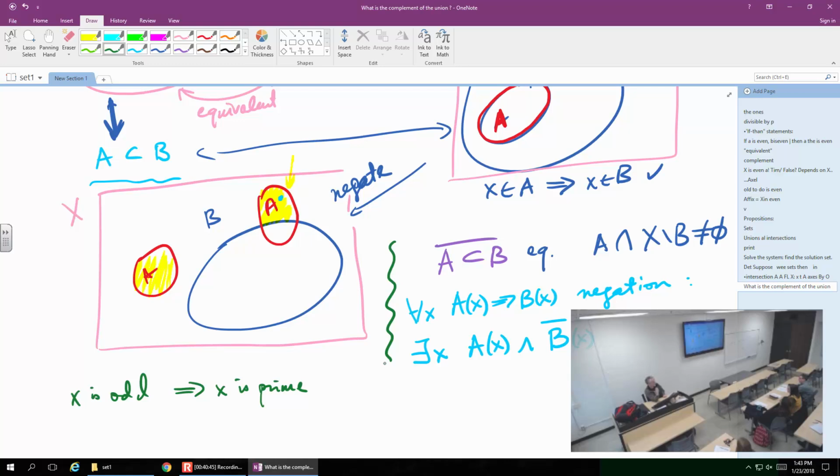Make sure that it comes from somewhere. So what should precede the statement? Let's say if x is odd, then x is prime, written entirely in plain English. Before we do any kind of sets or algebra, let's just write it out in the proper way. Remember, so what do I start with?